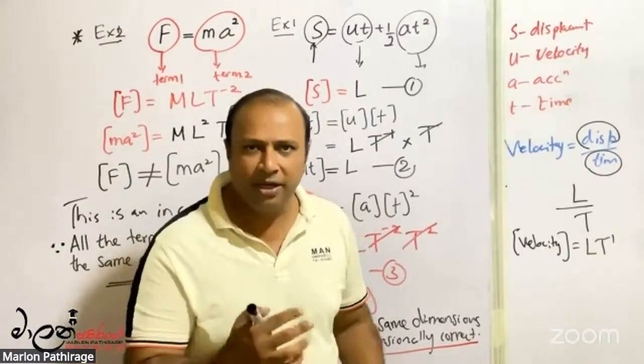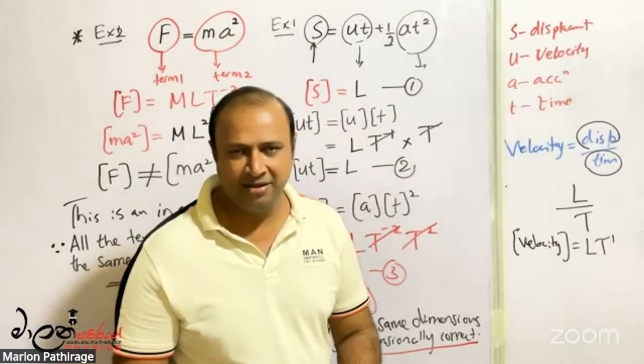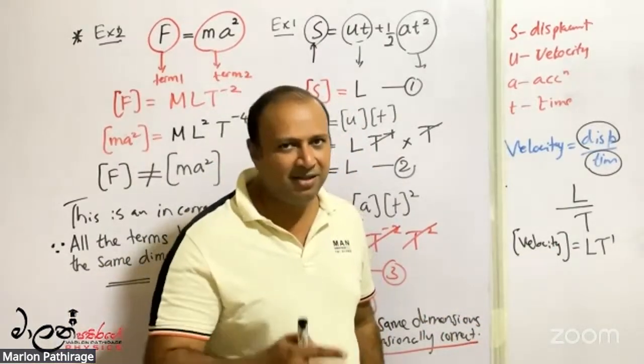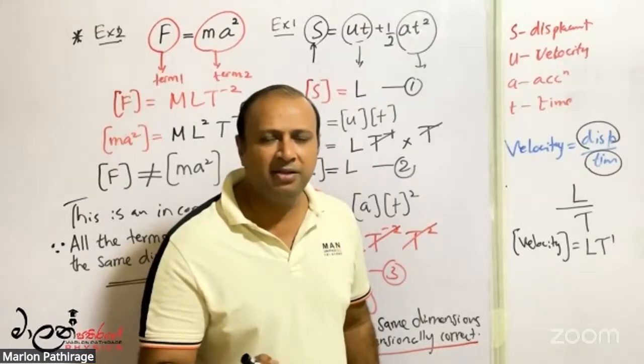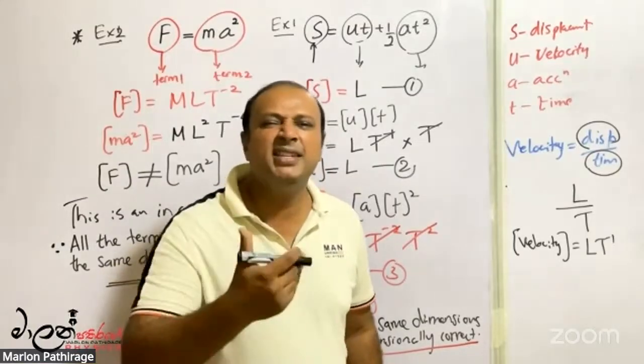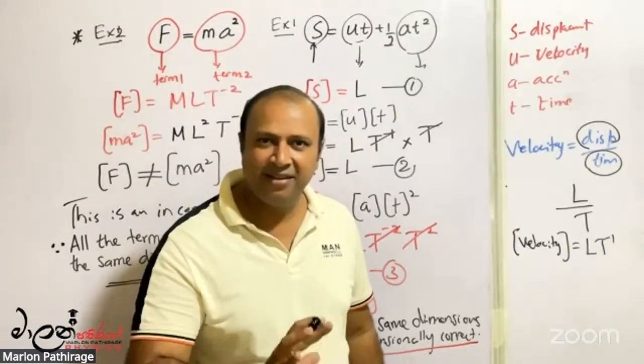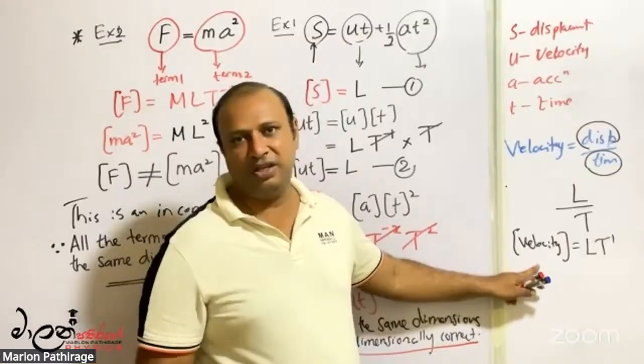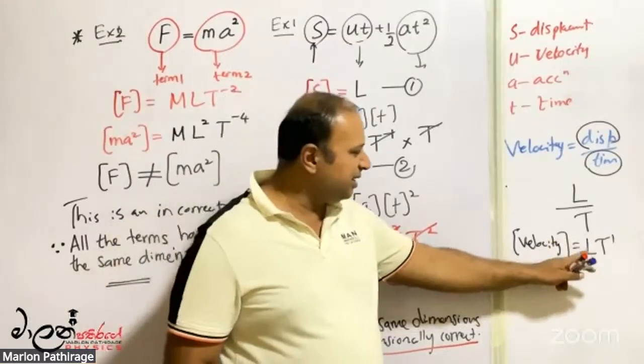Length over time. Actually, I don't know what the length is. I don't know what the time is. Therefore, this is not an equation. But that is the relationship between the velocity and the basic physical quantity. So this is the relationship only.